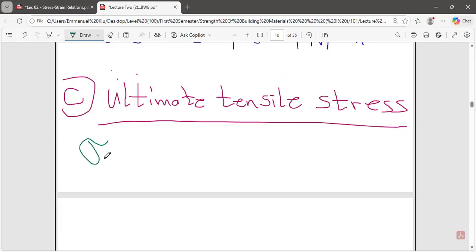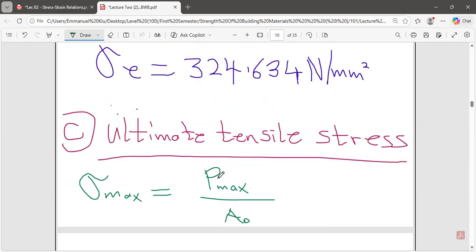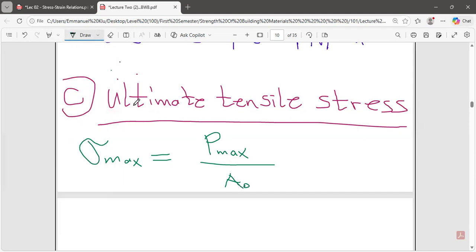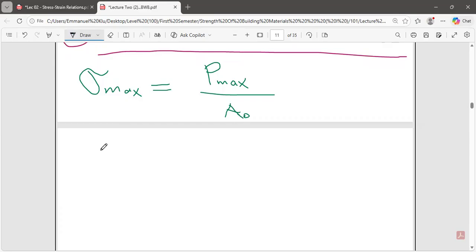So this kind of stress is the same as the maximum stress. So that is the maximum load over the original area. We've already calculated the original area, so we are good to go. Let's just substitute our values into the formula, and let's see the answer we can make from this.